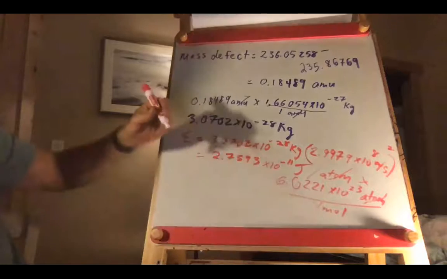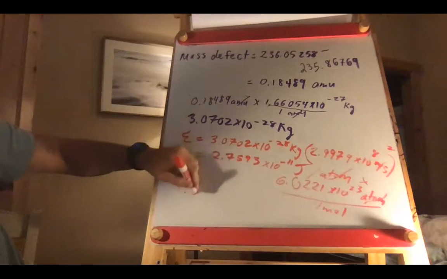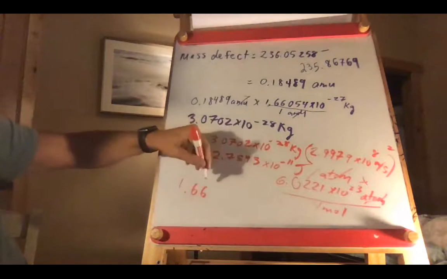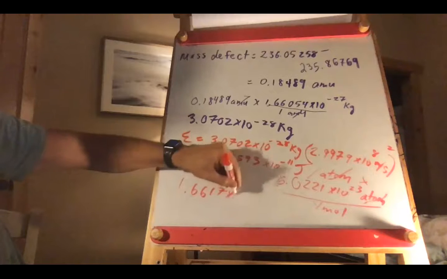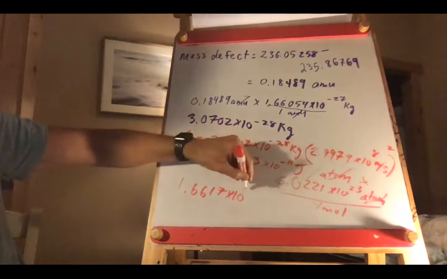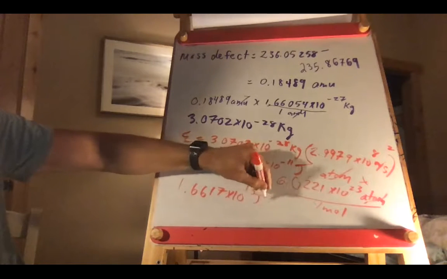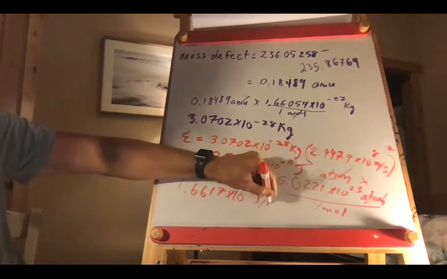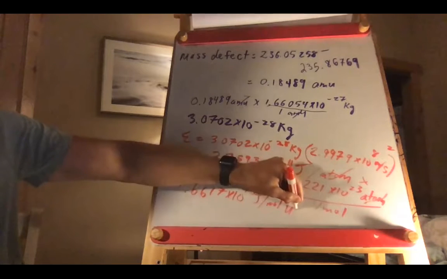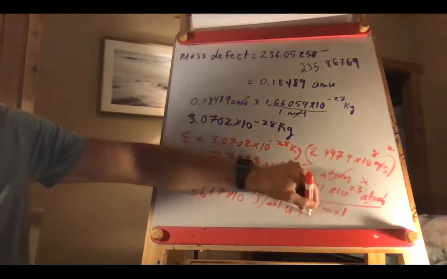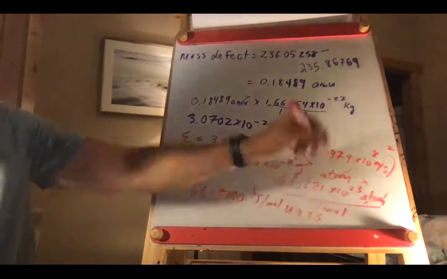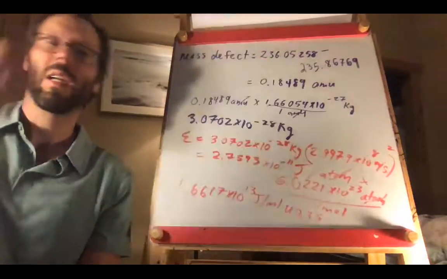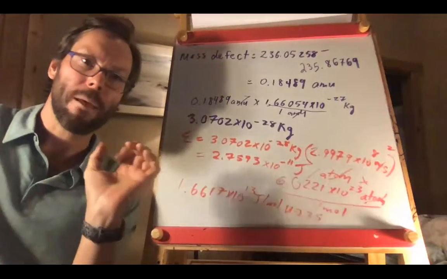And that ends up being 1.6617 times 10 to the 13 joules per mole of U-235.